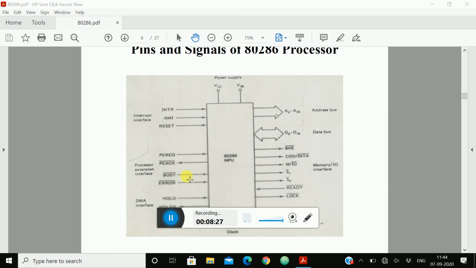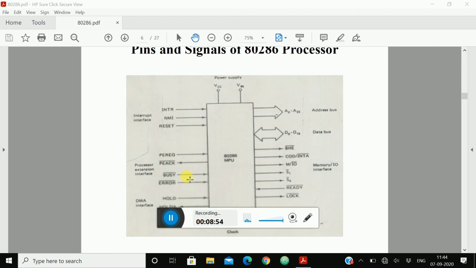Now the BUSY pin. Its function is similar to the pin we have read about in 8086. When the 80286 executes a wait instruction, it will remain in a wait loop until it finds the busy signal from the processor high. Now we'll go for ERROR.